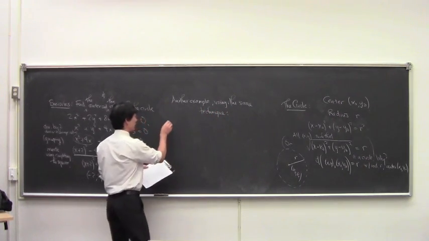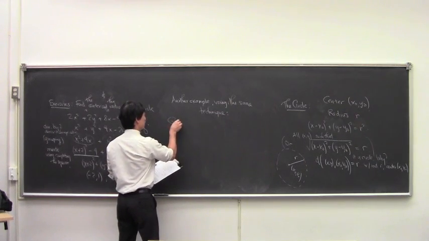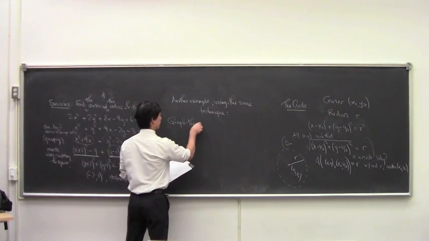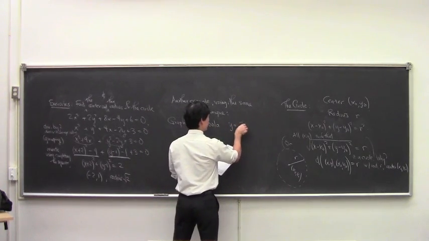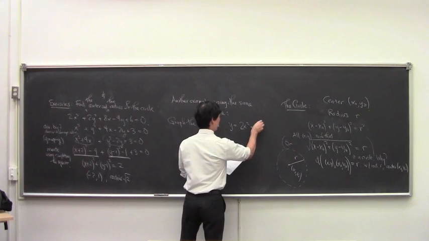Okay. So here is a parabola. Somebody says graph the parabola y equals 2x squared plus 5x plus 1.